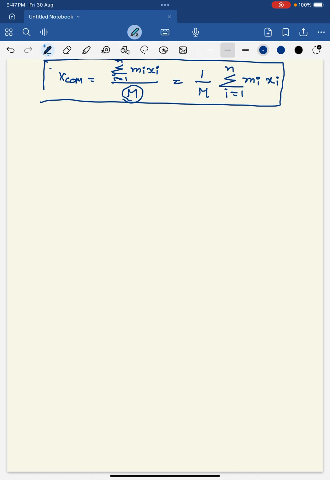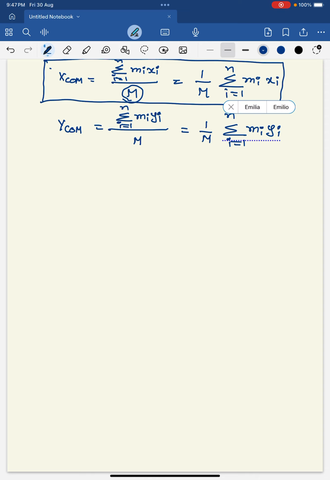This is for n particles lying along the x-axis. If all n particles are lying along the y-axis, the same expression gives y center of mass equal to the summation over i equals 1 to n of mi yi by total mass capital M. Taking 1 by M outside: 1 by M into the summation over i equals 1 to n of mi yi.